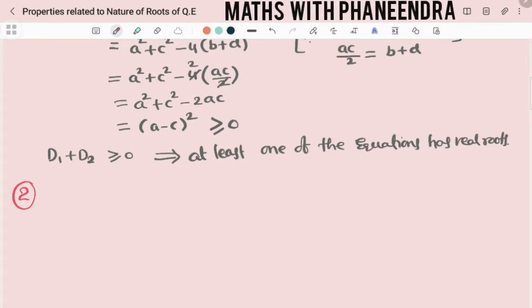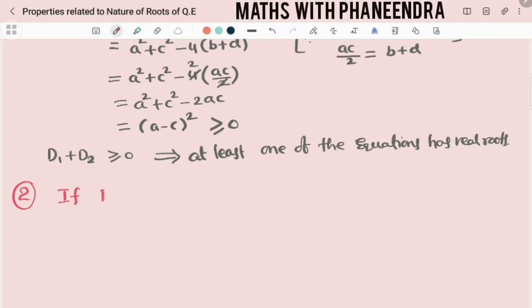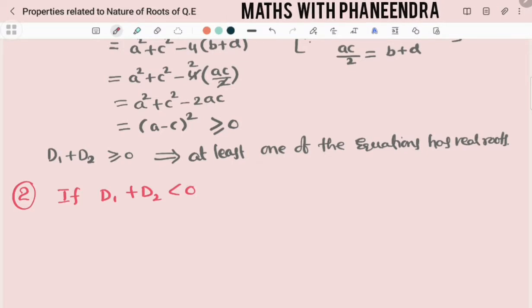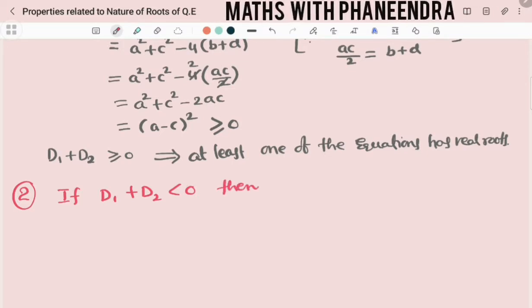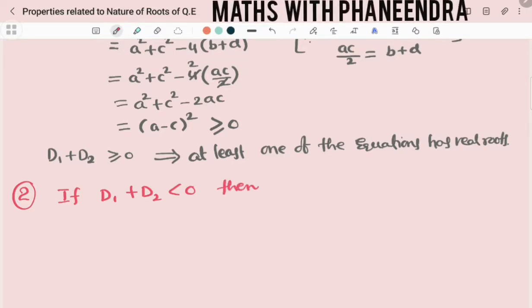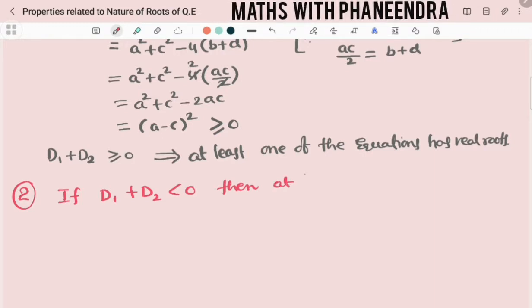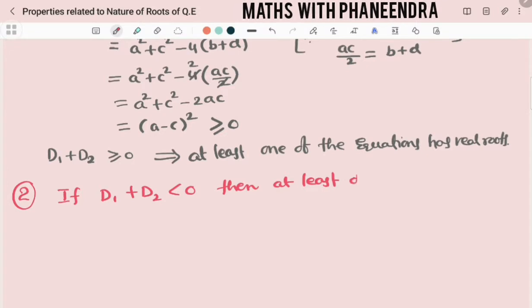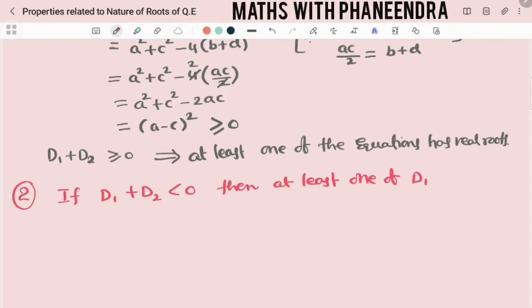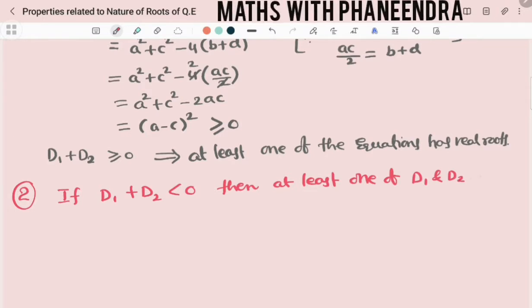Now I am applying the condition: if d1 plus d2 is less than 0, what happens? Then d1 plus d2 is less than 0, and at least one of d1 and d2 is less than 0.